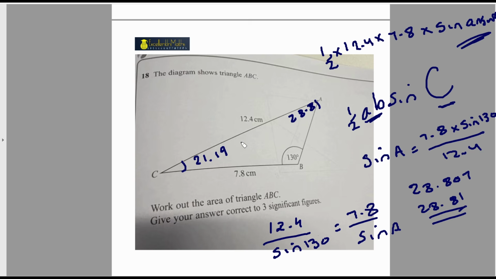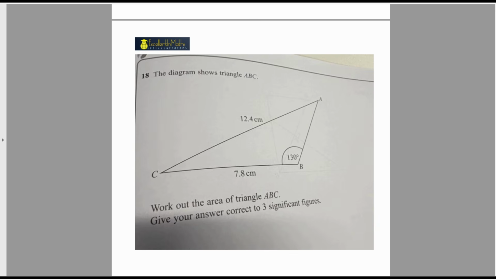So I'm going to say sine of the answer times 7.8 times 12.4 times 0.5, or half, which is going to give me 17.48. He wanted it to three significant figures, so it's going to be 17.5. So the final answer is 17.5. Okay.